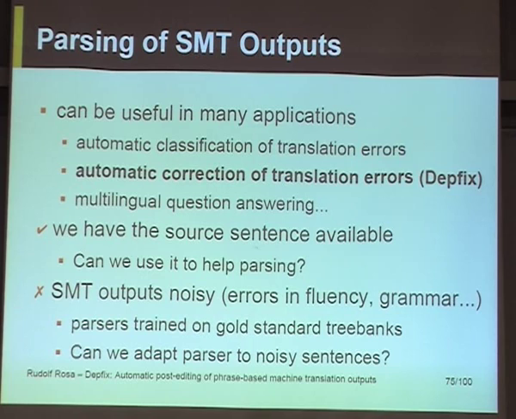The bad thing is that, as I said, the machine translation outputs are noisy, there are errors in them, in fluency, in grammar, but the basic parser is trained on a gold standard treebank such as PDT.